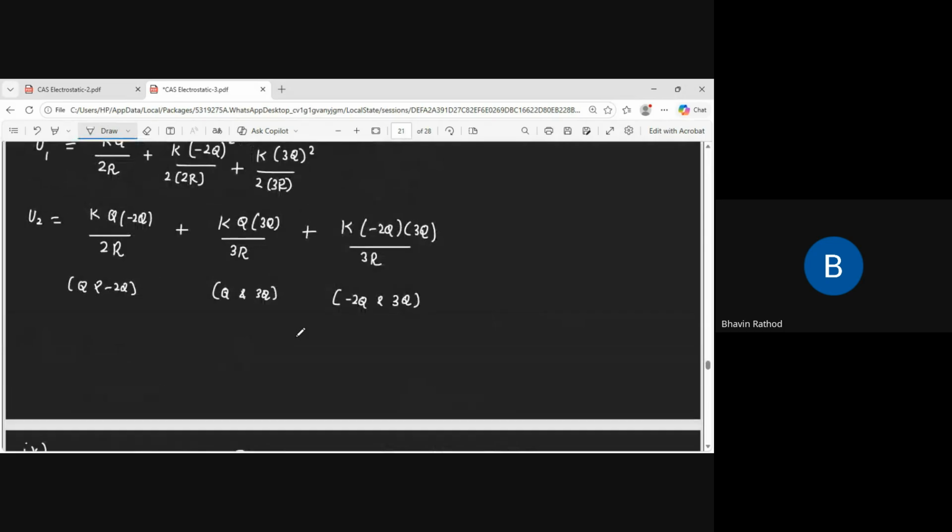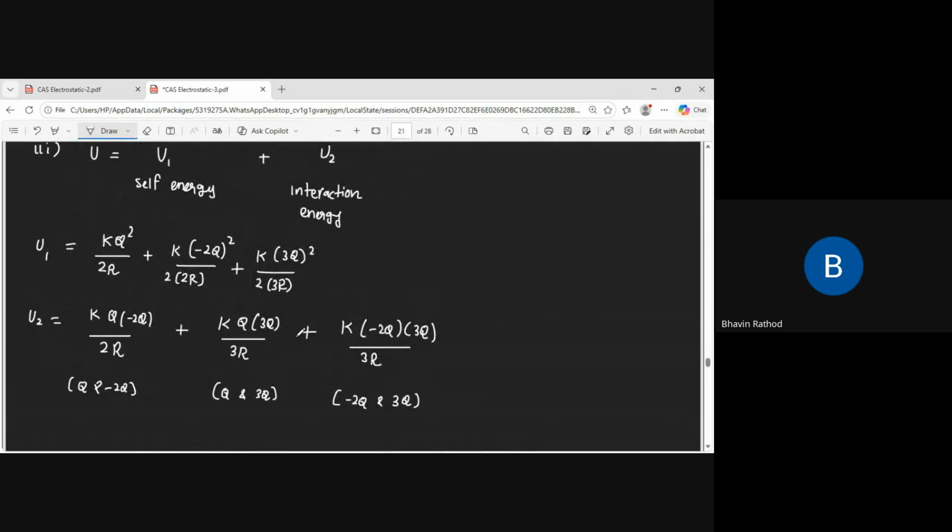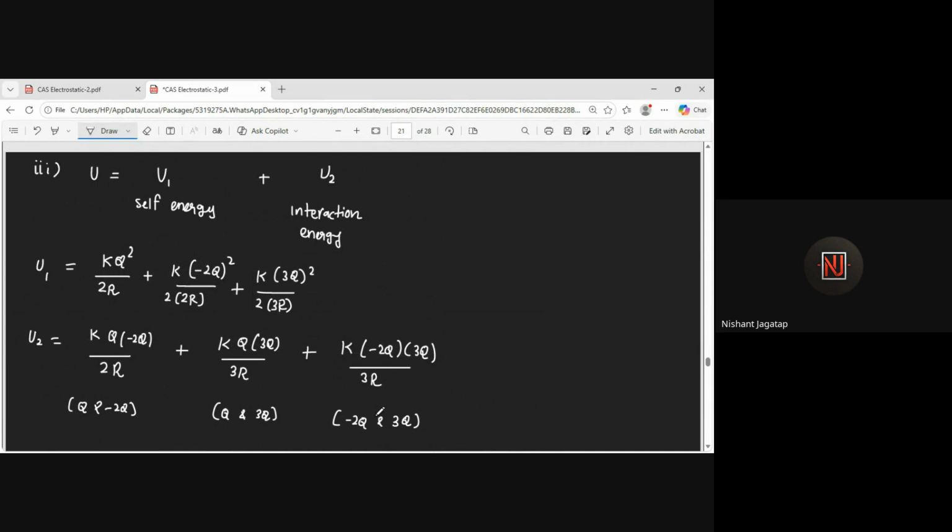Okay. For which one? Which term, U1 or U2? Sir, instead of taking U1 and U2, can we do the energy stored in a capacitor? We integrate the E dot ds. That will give you the U1 term. If you try that, you'll get U1.